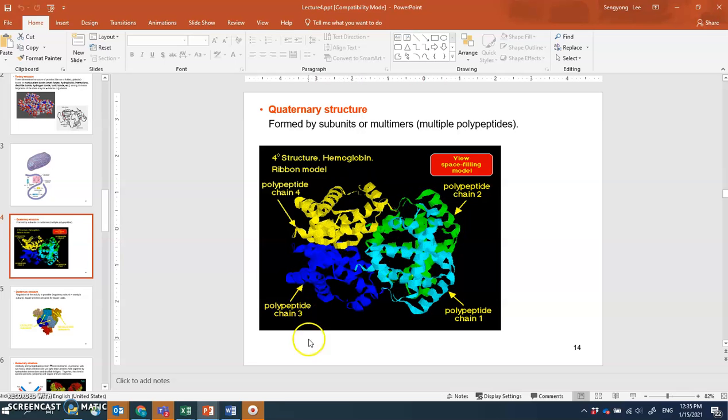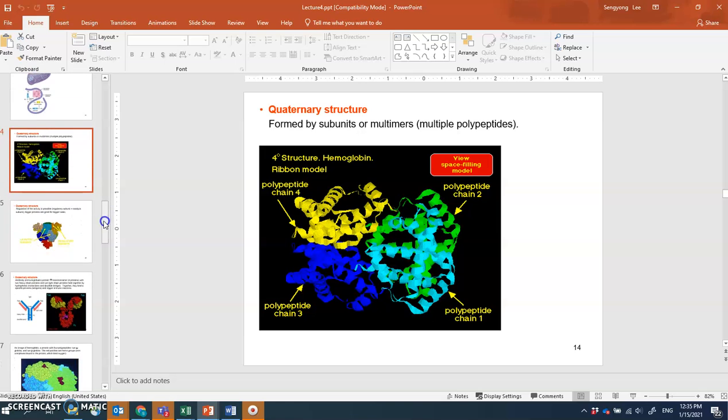You can split them up, and each polypeptide will give you an N-terminus and C-terminus. But in order for them to maintain the complex structure and be functional, they have to come together. And how do they come together and stay together? Of course, through all those non-covalent bonds we just talked about in the tertiary structure: hydrogen bonds, disulfide bonds, ionic bonds, hydrophobic interactions. All those things play a role in forming a quaternary structure.